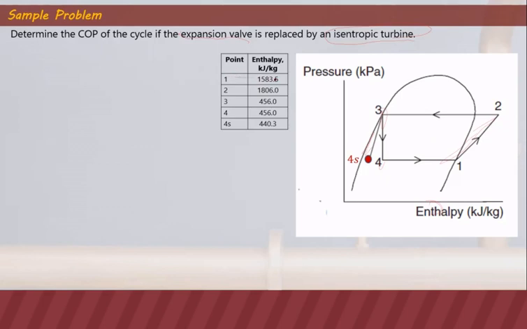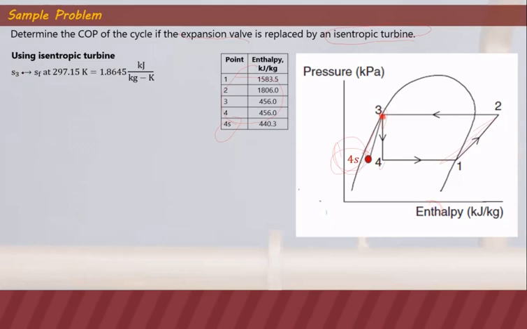So all we have to do now is compute the enthalpy at point 4 when we use an isentropic turbine instead of an expansion valve. The first step is to compute the entropy instead. Since point 3 is fixed, because that is just the inlet at that point, S3 is the entropy at point 3, and we have to calculate the entropy to get the entropy at point 4, since now we have an isentropic process.